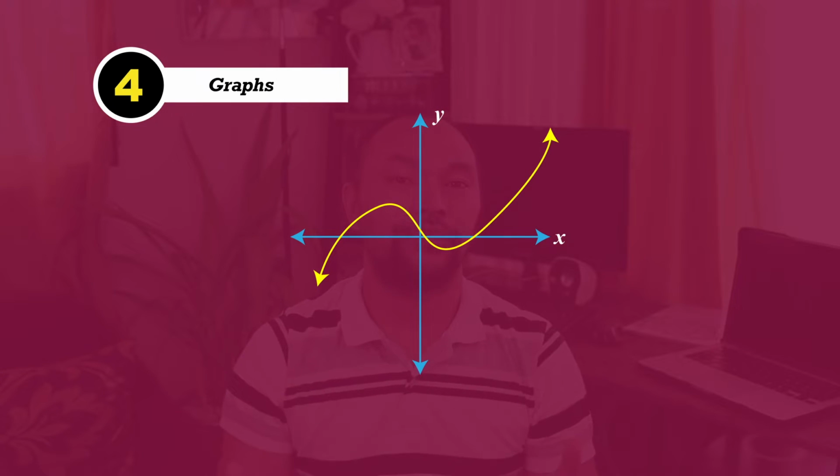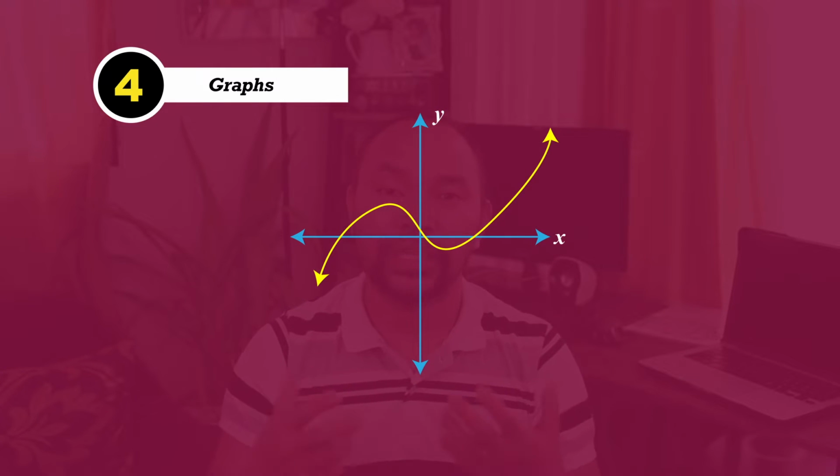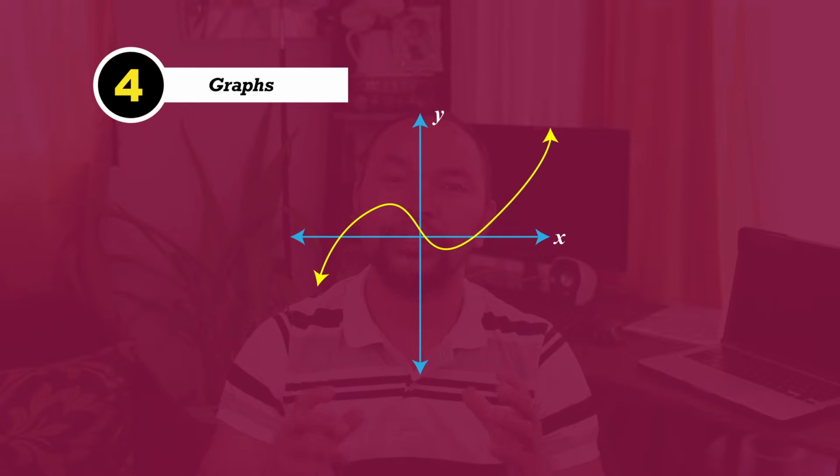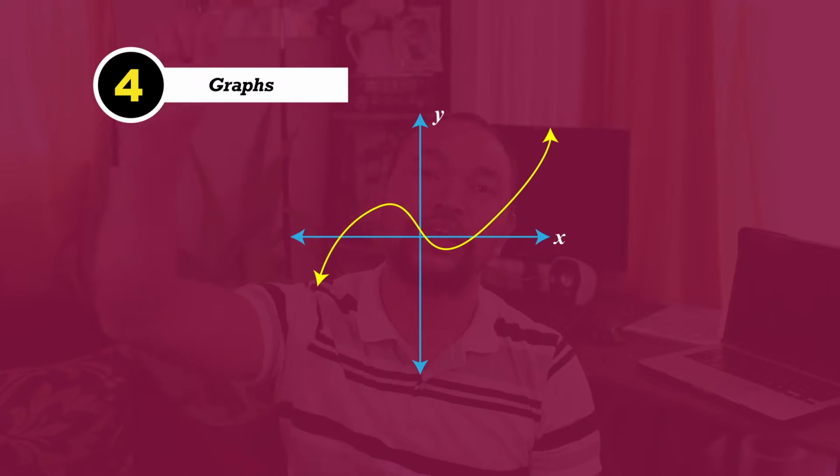Now, the fourth way of representing a function is through a graph. We know from our previous experience that a graph is just a collection of dots connected together. Now, the fifth way of representing a function is through an equation.